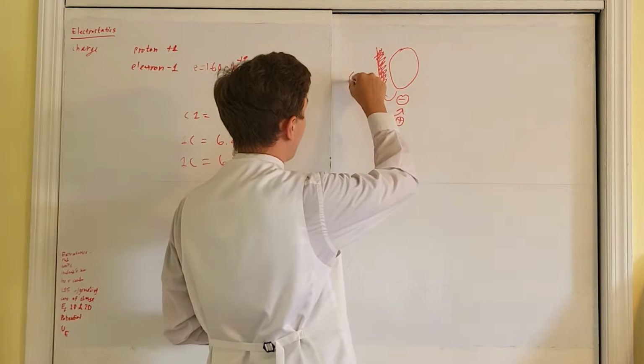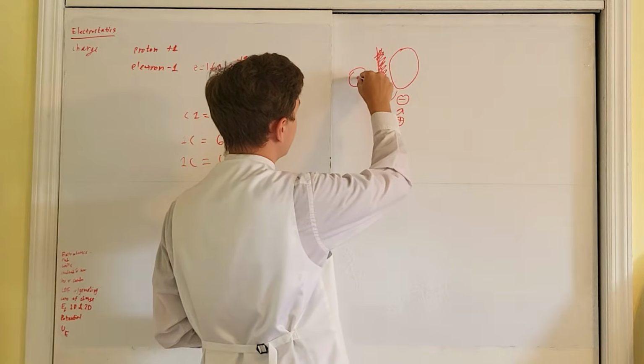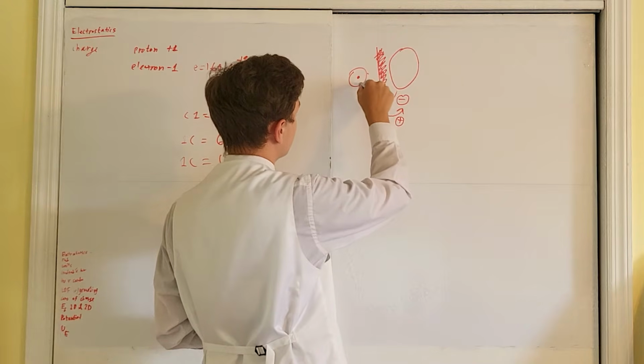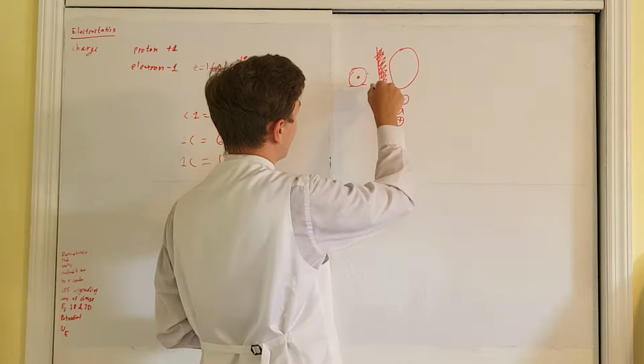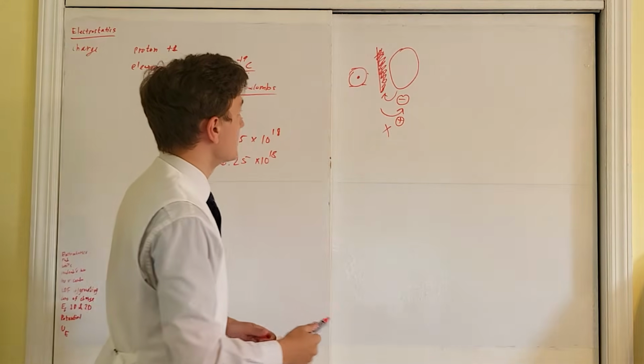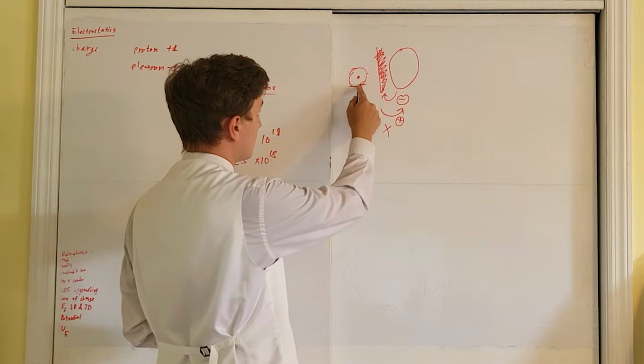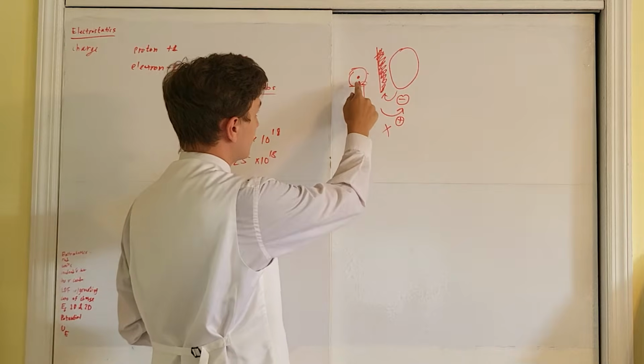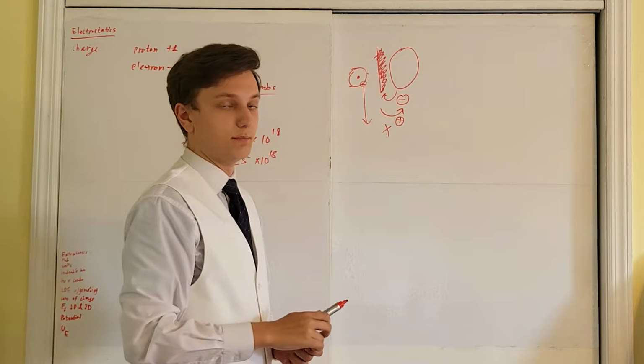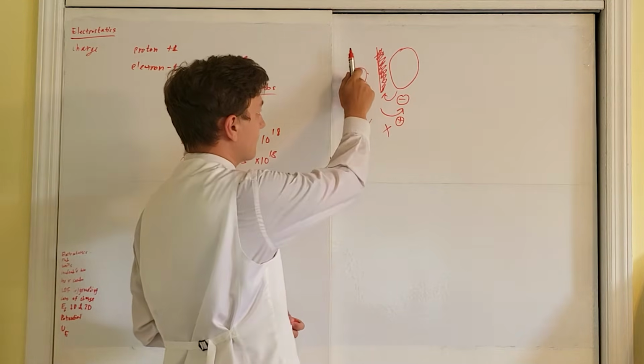If I were to draw an atom for you right here with the tiny nucleus in the center and some electrons floating around at the edges, you could see that it is much easier for you to pull an electron away from the atom than it is to pull the nucleus, the big heavy nucleus right in the middle of the atom.